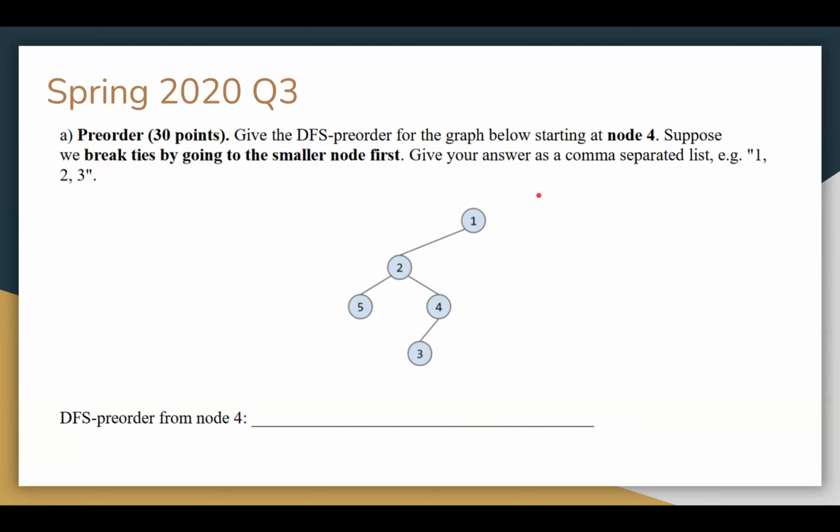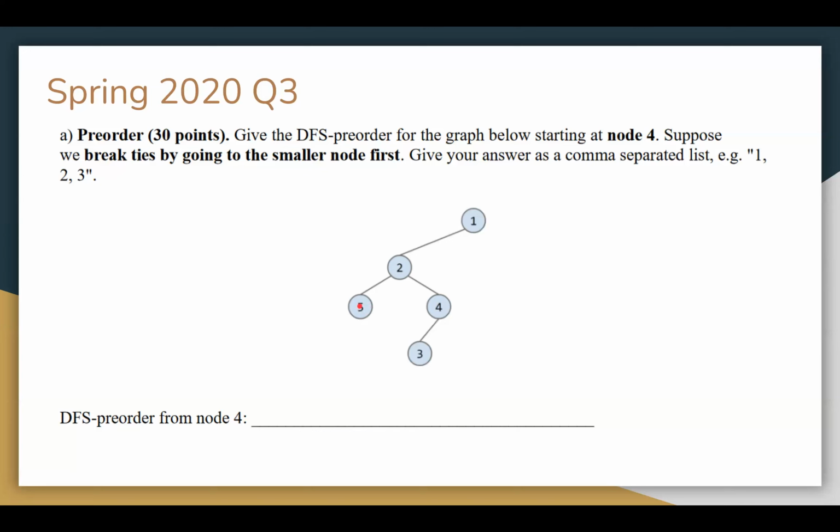And from here, since 1 doesn't have any neighbors, we backtrack and go back to 2, and we see that 2 has an unvisited neighbor, which is 5.